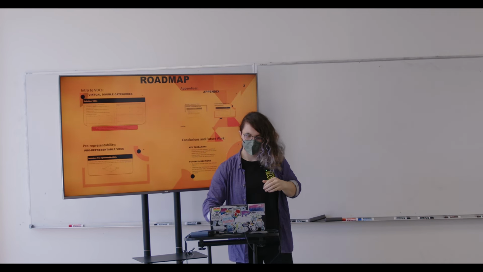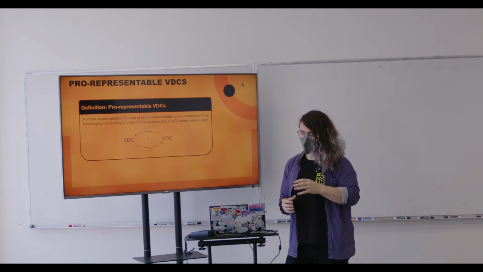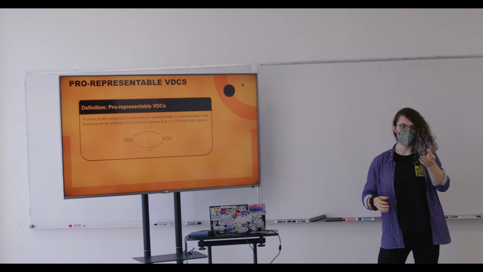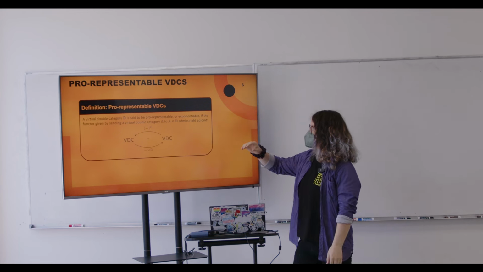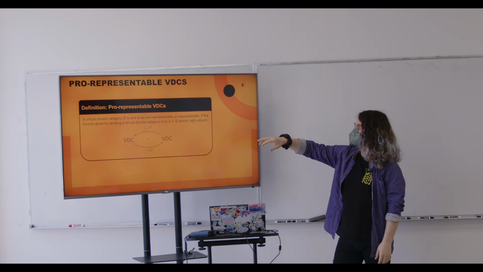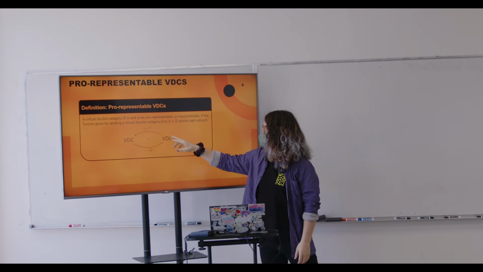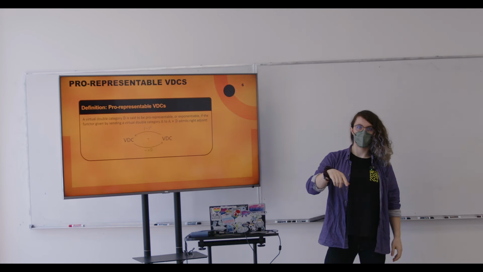So what do I mean by pro-representability? Here, this term is suggested by Kevin. We say that a virtual double category is pro-representable or exponentiable if the functor given by taking its product with another virtual double category admits a right adjoint.